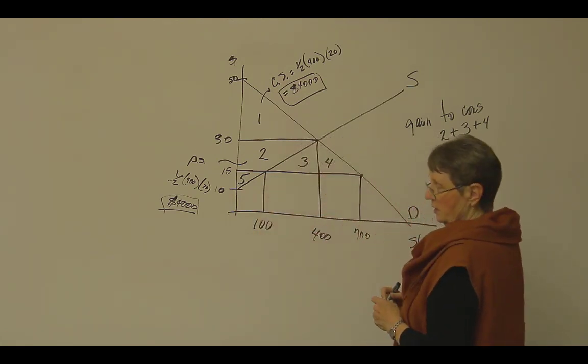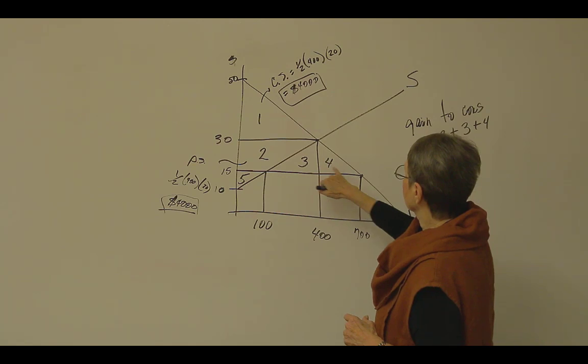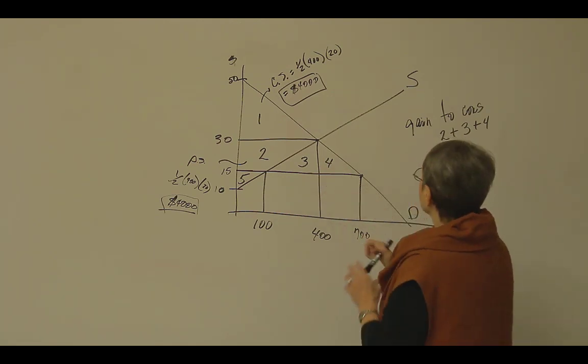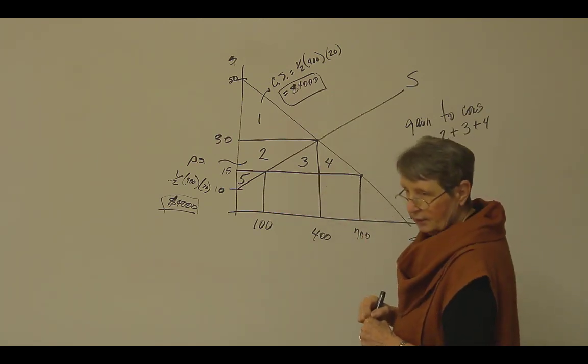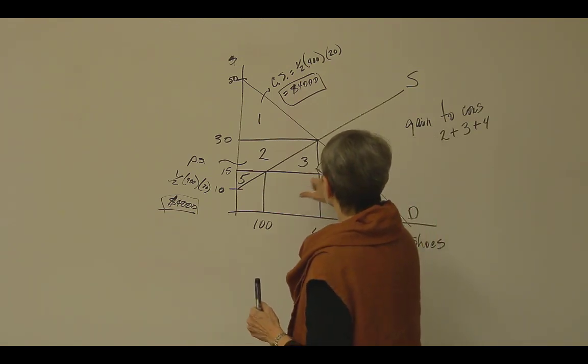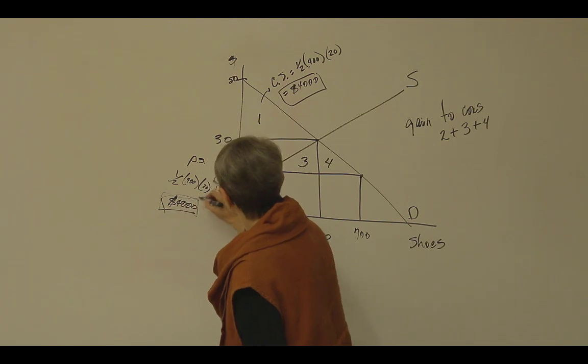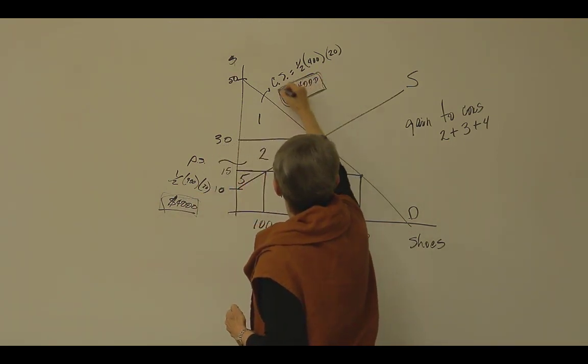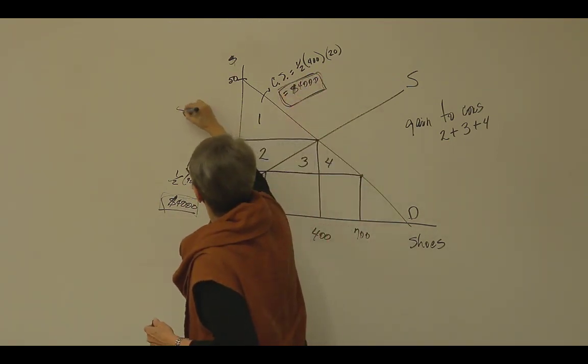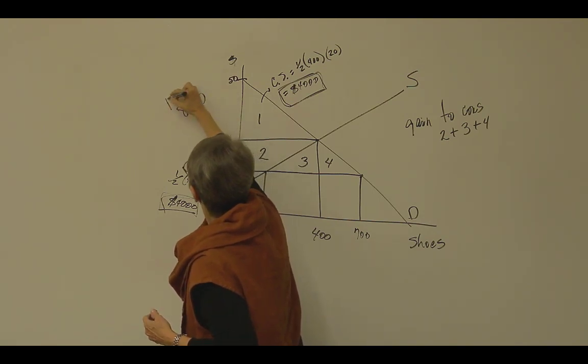What's new in the economy is area 3 and 4. So the net gain is area 3 and 4. Here we had producer surplus before, consumer surplus before, so the total surplus before was $8,000.